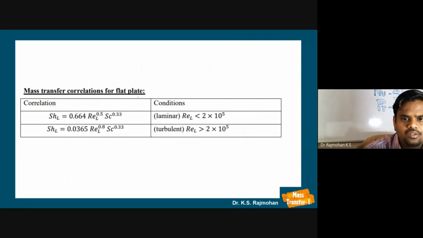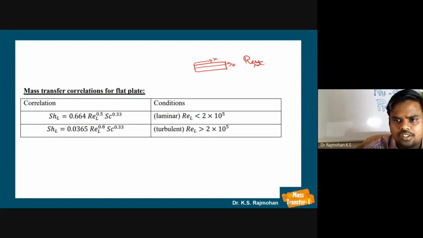For example, when you consider flow through a flat plate, at any distance x from the leading edge, the Reynolds number will be defined at that distance x, where the characteristic length is x, which is L. So we can have a correlation for these conditions.